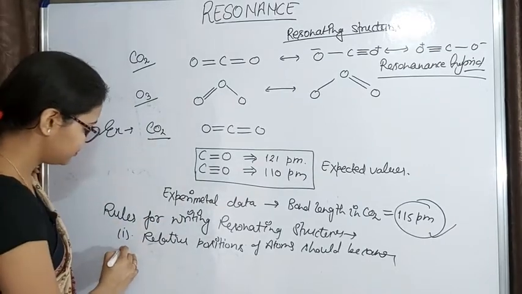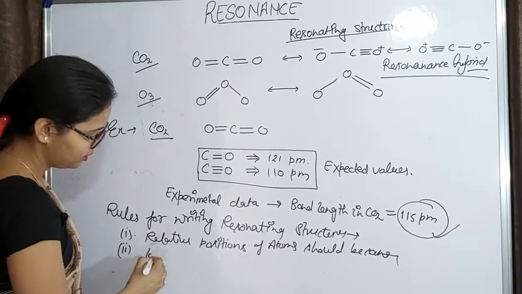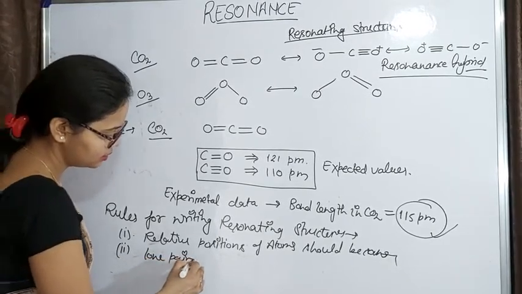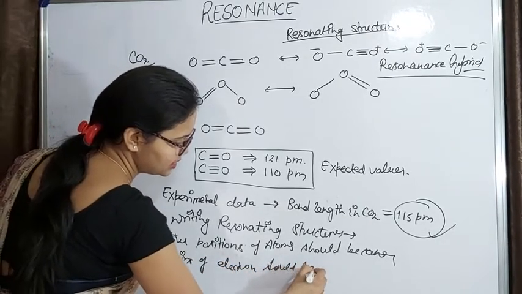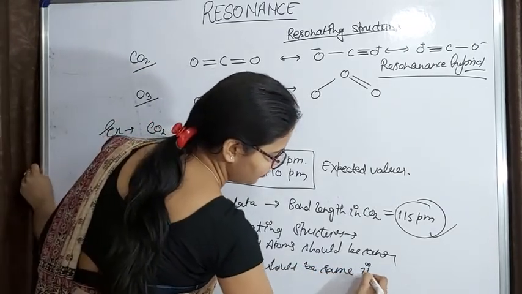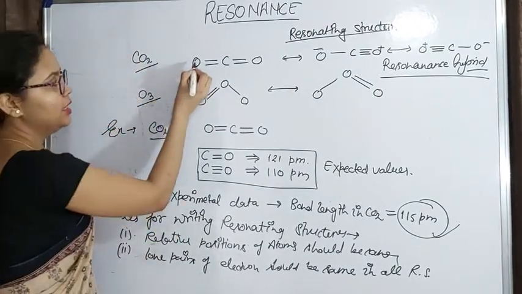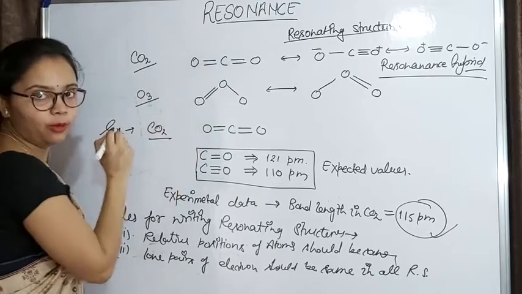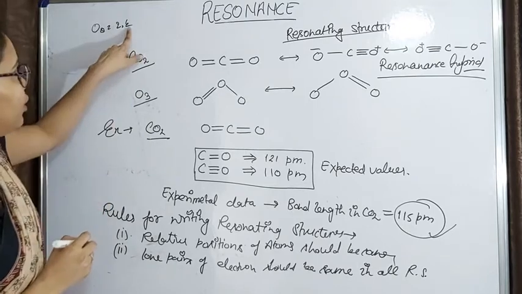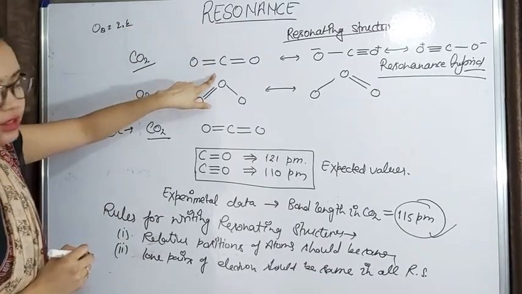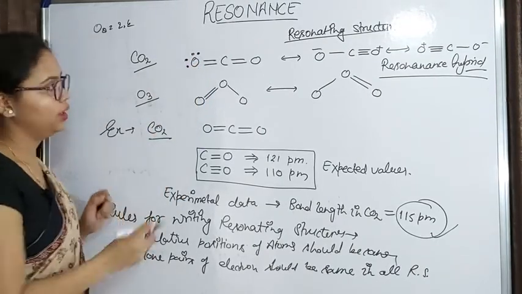The second rule is that the lone pairs of electrons should be the same in all resonating structures. Like in this molecule, you can see that oxygen is forming a double bond. Oxygen has 6 electrons, and out of 6, 2 electrons have already been used here, so the remaining electrons are 2 pairs.